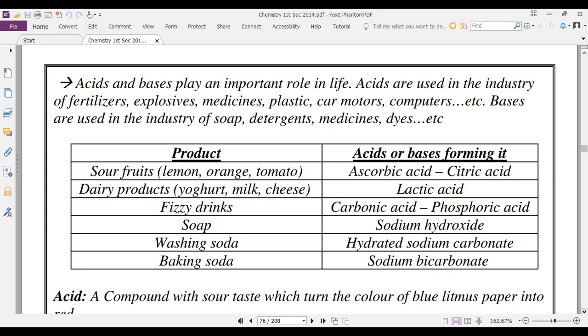Soap comes from sodium hydroxide. Washing soda comes from hydrated sodium carbonate. Baking soda comes from sodium bicarbonate. So these are products that we can get, and these are the sources of these products, both acids and bases.